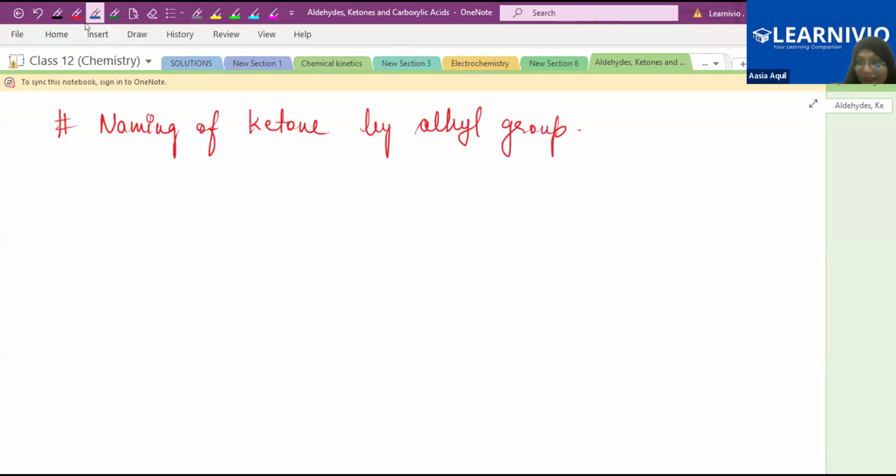No, methyl ketone and ethyl ketone don't exist, because the ketone group should be in the center.